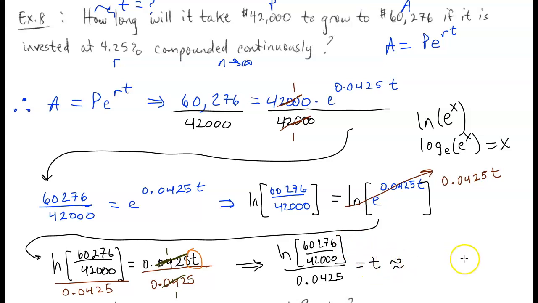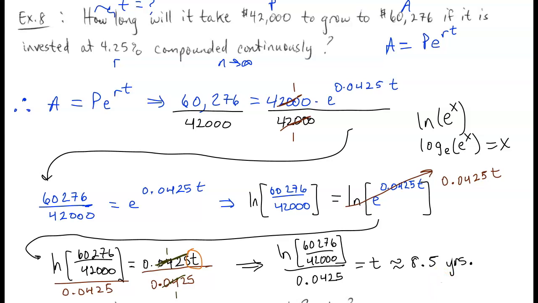And now if we put all of that in our calculator, then this will come out to be roughly 8.5. And of course, since we're talking about continuously compounded interest in this case, the time has to be in years. And so that would be our final answer for example number 8.